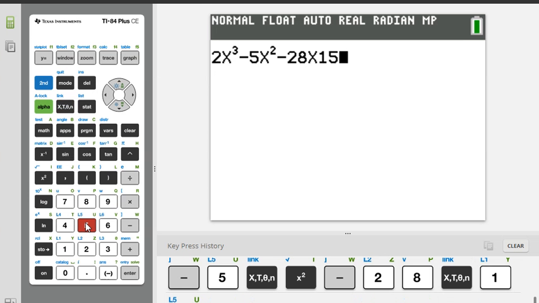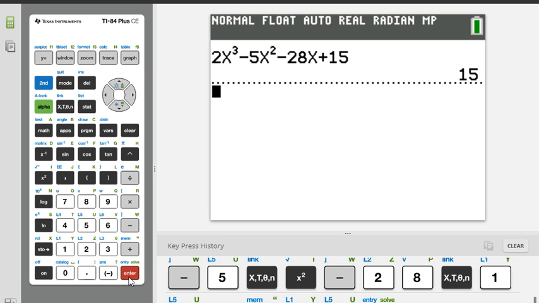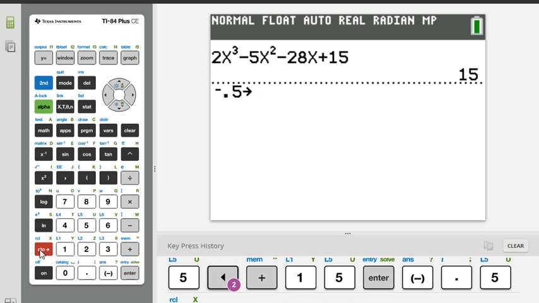So, if I punch this in like this, and I hit enter, it's going to give me some number. Okay? Doesn't really matter what that number is. But I want to evaluate this at negative 1/2. So to get my calculator to do this, I'm going to go negative 0.5. I'm going to store it into x. Now that means I've now put negative 0.5 in for x.